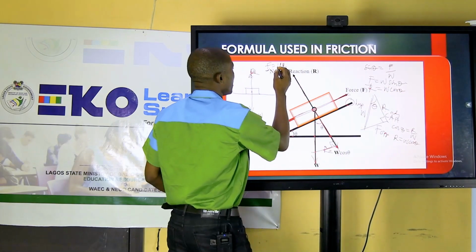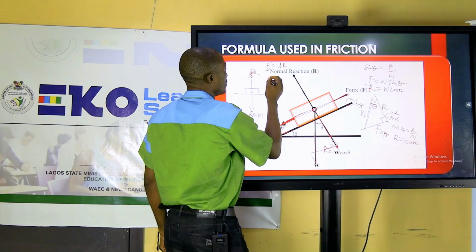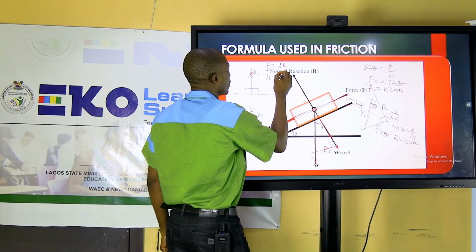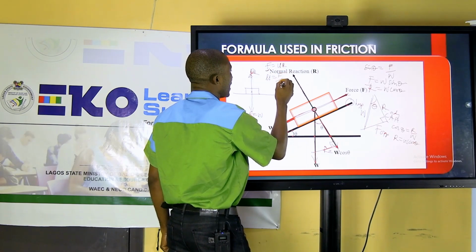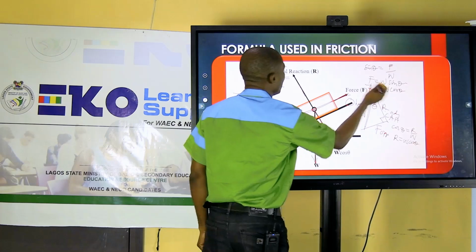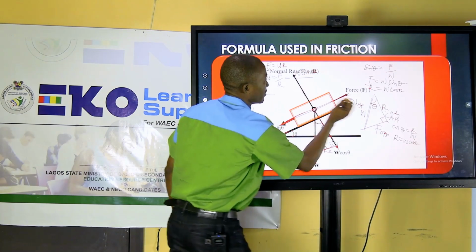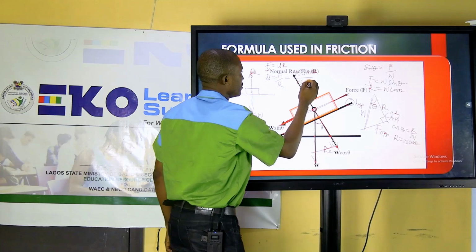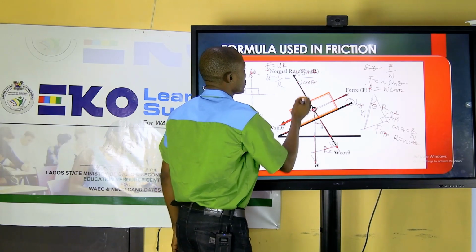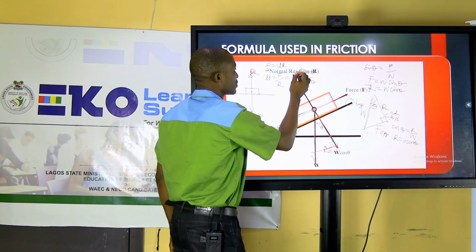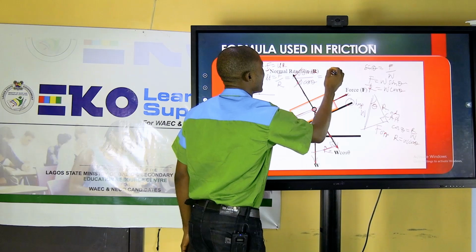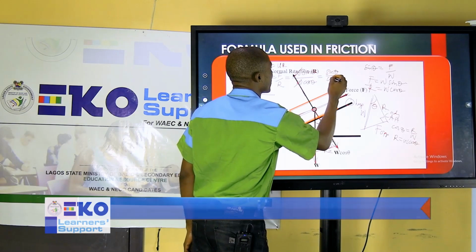So in this case, if you have F equals nu R, so your nu will now be equal to F over R. The F given as W sine theta and R given as W cos theta. So the value of W is the same. So W goes for W. You are going to have sine theta over cos theta.